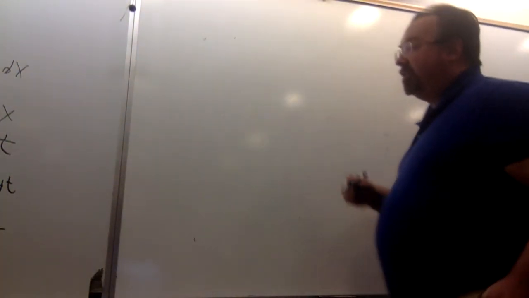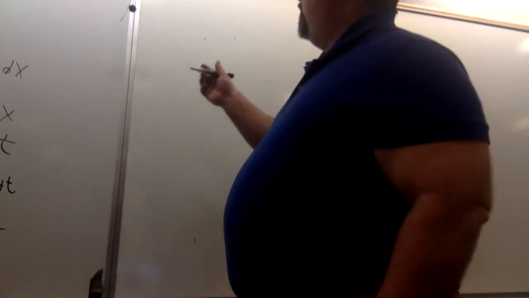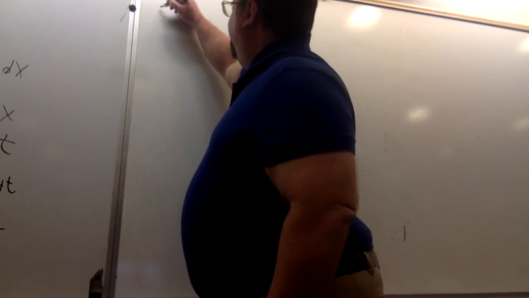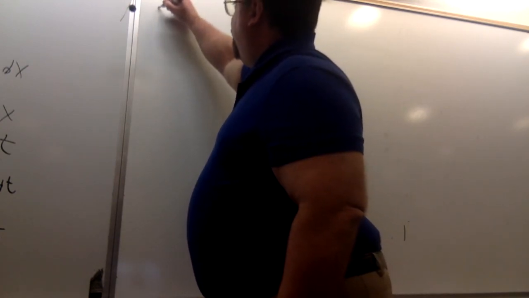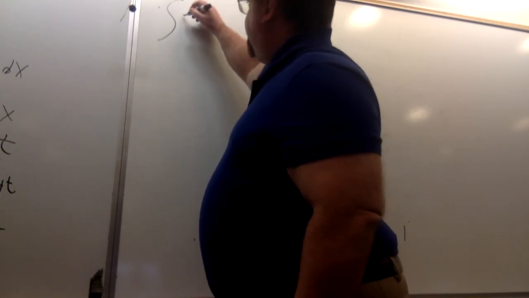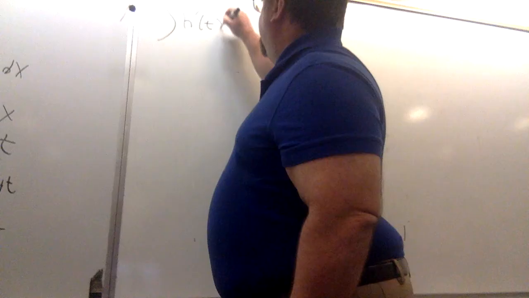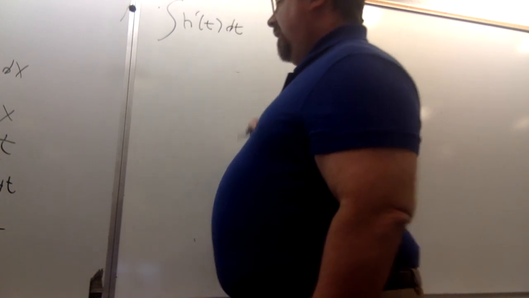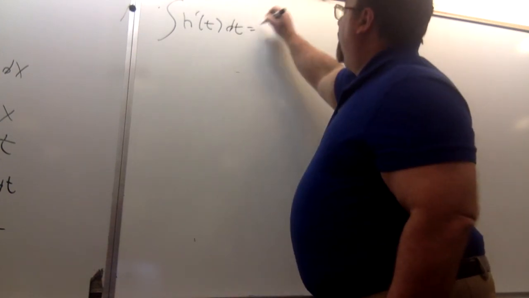So now, this being a second order ODE that we started with, we need to integrate one more time. So the integral of h prime of t dt, we'll fill in what we have here.